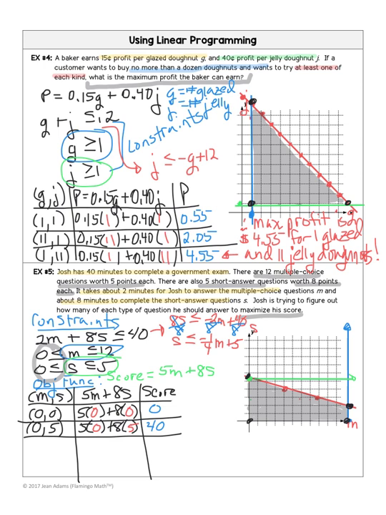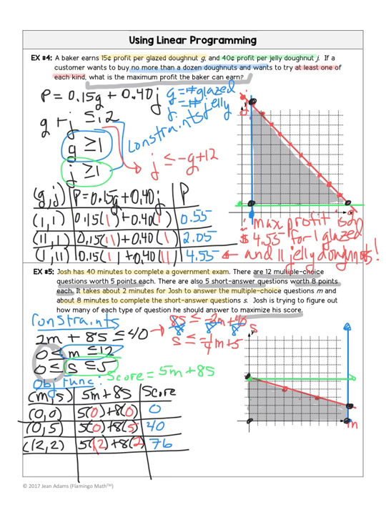Then our next vertex is 12, 2. So 12 and 2. So 5 times 12 is 60, 8 times 2 is 16. Add those together and you get 76.